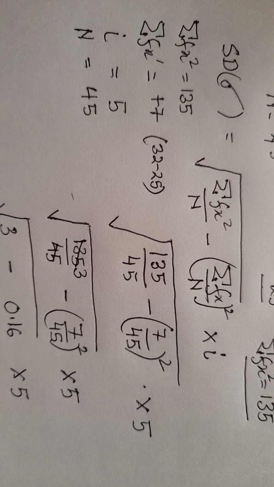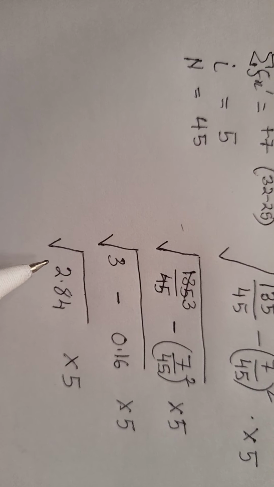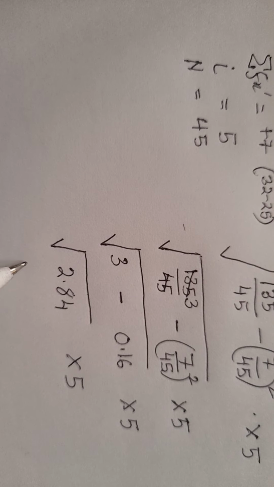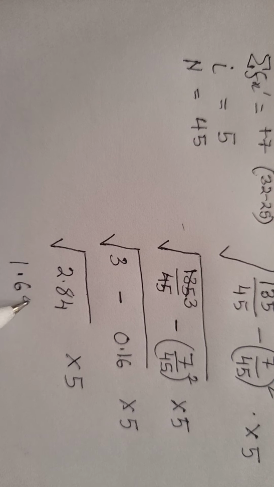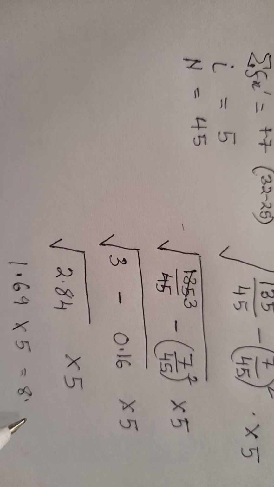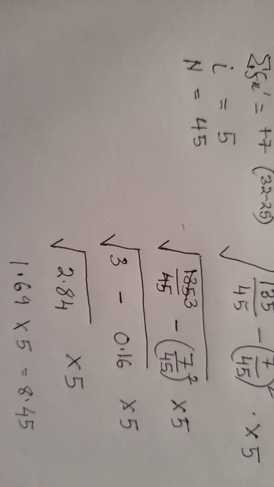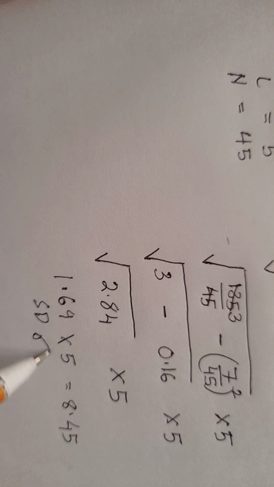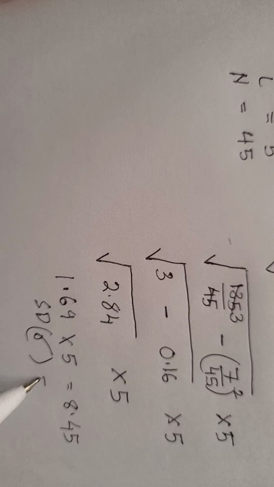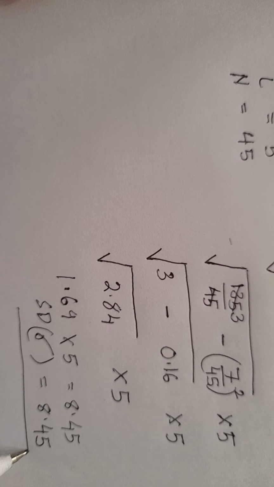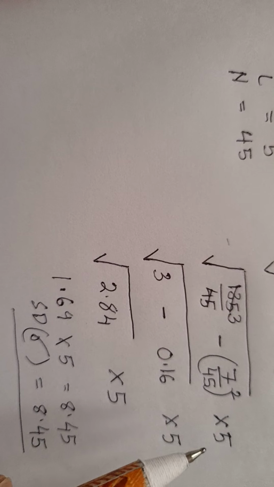Next you calculate the square root and you will get 1.69 into 5, and that is equal to 8.45, and therefore SD, within brackets the sigma sign, is equal to 8.45. So this is how you calculate SD.